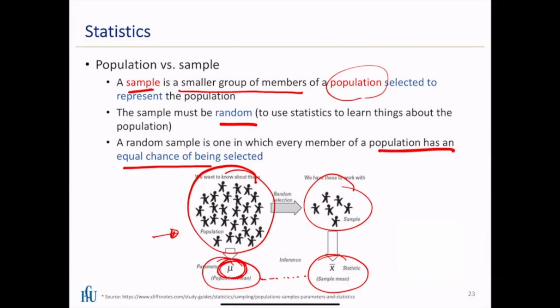And maybe the true value of this mu, we probably cannot know. But from the sample, we can estimate it, and that's what statisticians are doing. So from the sample, you want to go to the idea, and that process is called inference.